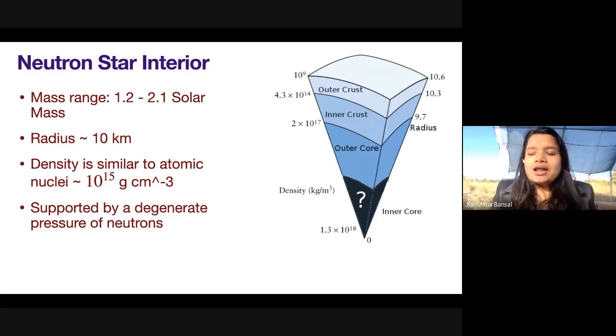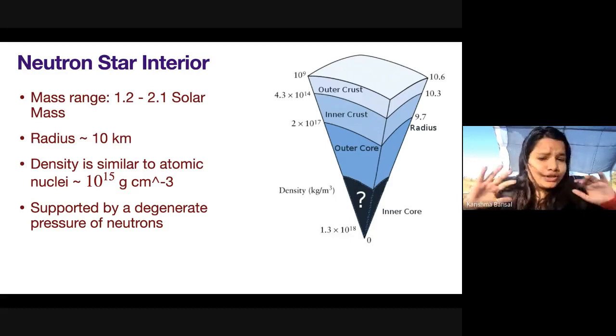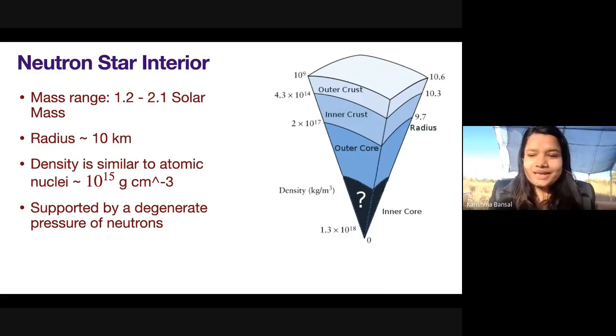And another interesting aspect of neutron stars is that, I talked about white dwarfs, there's neutron stars and black holes. Neutron stars are the most exotic sources just before black holes, because at least you can see them. Black holes, you can't even see them. You only see the light outside them. So anyways, neutron star interior is very complex, and they're very dense. I think that's the message I'm trying to give away.